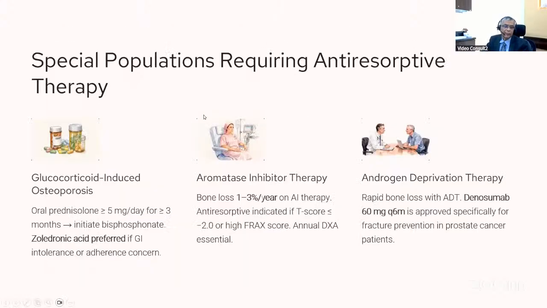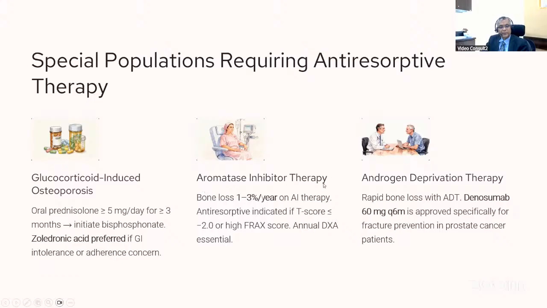Who are the special populations who require antiresorptive therapy? Those who have glucocorticoid-induced osteoporosis. Those who are on prednisolone more than 5 milligrams per day for more than 3 months, initiate the bisphosphonate. Zoledronic acid is preferred if GI intolerance and adherence is a concern. If you want, you can give oral bisphosphonates, otherwise zoledronic acid.